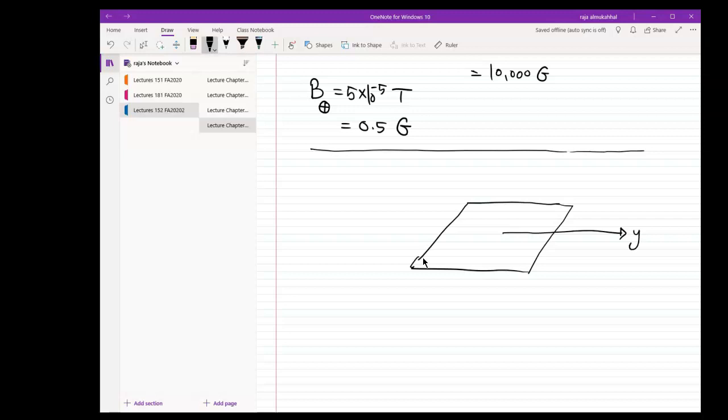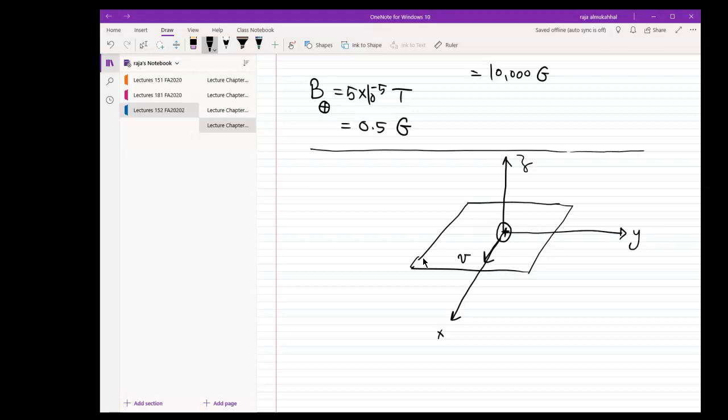Here's the y-axis, here is the x-axis, and here is the z-axis. Remember, the z-axis is out of the plane above it. And let's assume that I have a positive charge here, and this positive charge is moving along the x-axis in this direction.